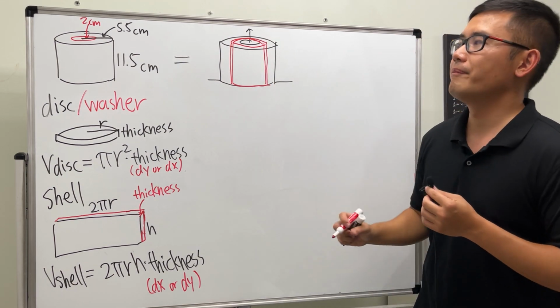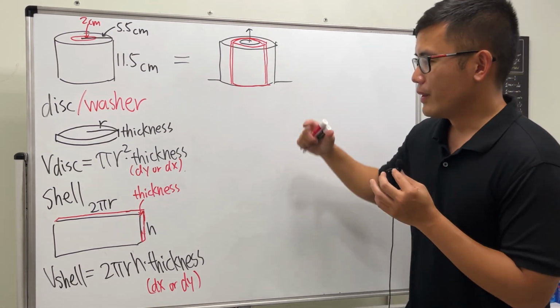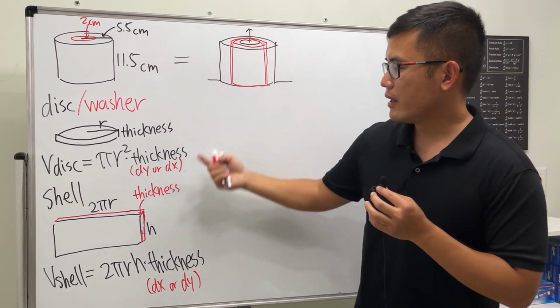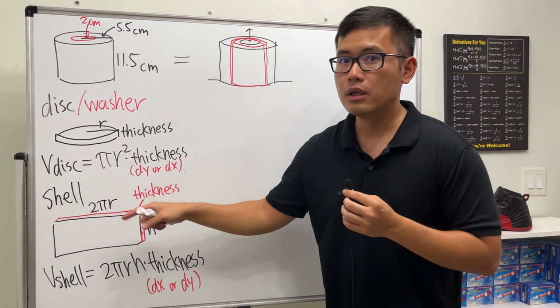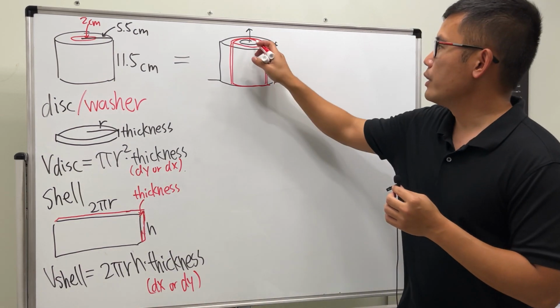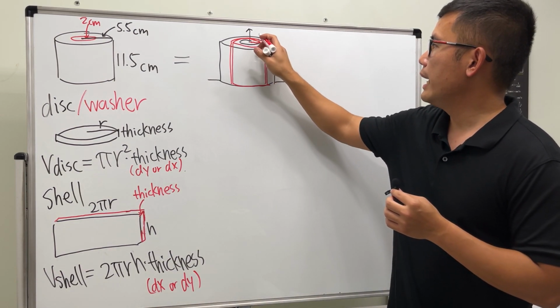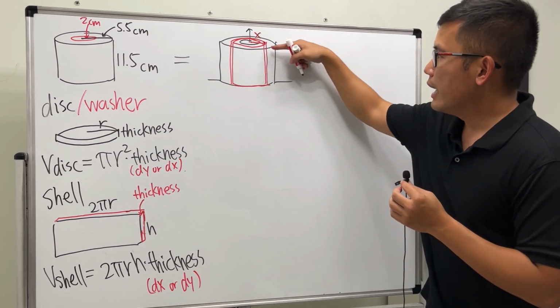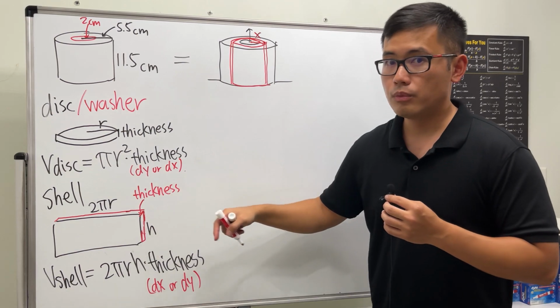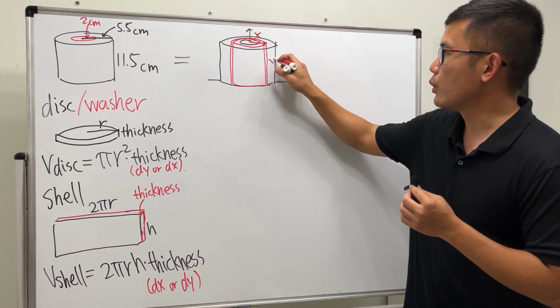So that's the idea. Now, we know that this right here, when we unwrap the toilet paper, we will have 2 pi r. So what's the r though? Well, it will be going from here to here. And again, that will be the horizontal distance, which is x. How about the height? Well, that will be the vertical distance, which is the y.